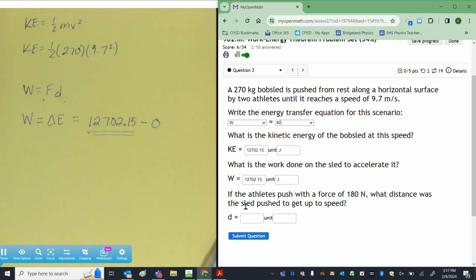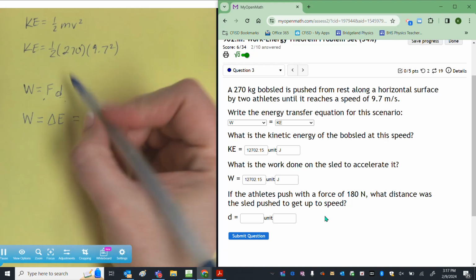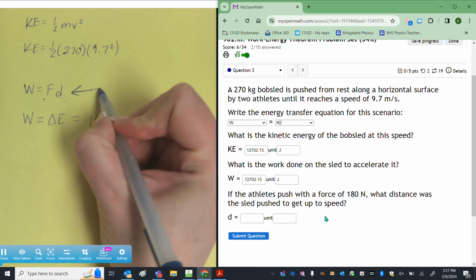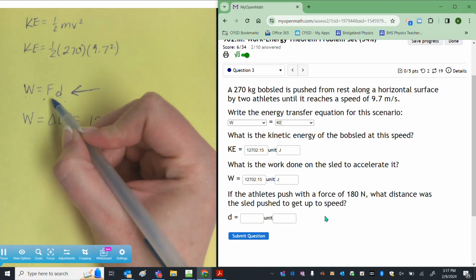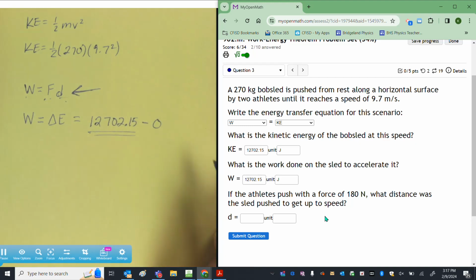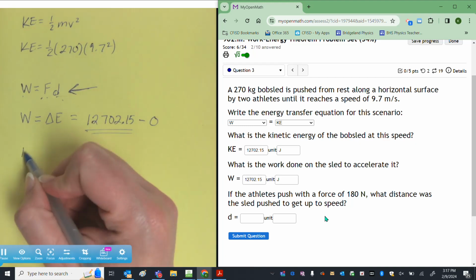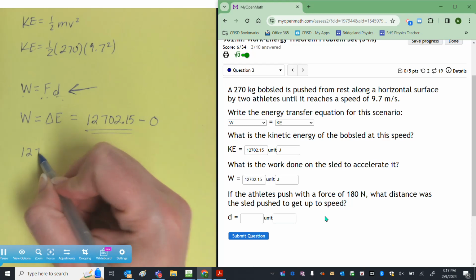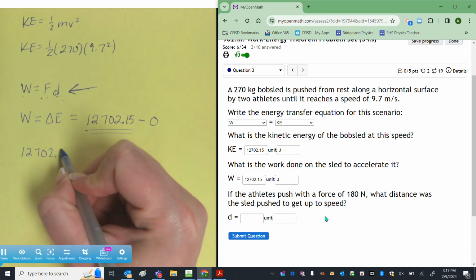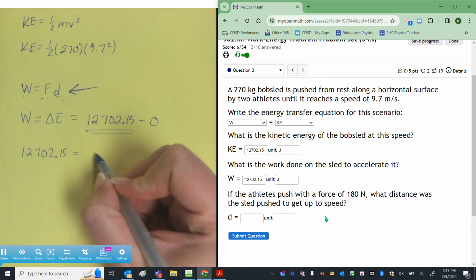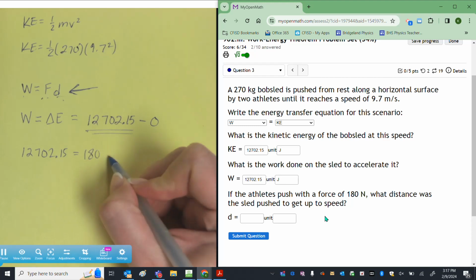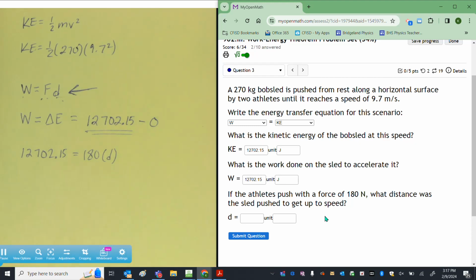And then the last question says, if the athletes push with a force of 180 newtons, what distance was the sled pushed to get up to speed? Well, now I get to use this equation. Because I know the work and I know the force, I can solve for the distance. So we're going to take our answer, 12,702.15, and set it equal to the force, 180, times that distance, which means we're just going to take our answer and divide it by 180.